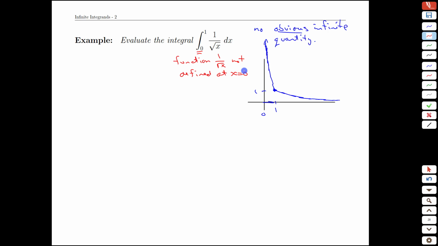So how do we get around that? Well, we take the same approach we did before, and instead of using 0 as our lower limit, we are going to carefully calculate the area up to some other point instead, where the area is finite. If we cut off this integral at some positive point a and go up to 1, this area is fine, or we get a proper integral if we represent that using our integration notation.